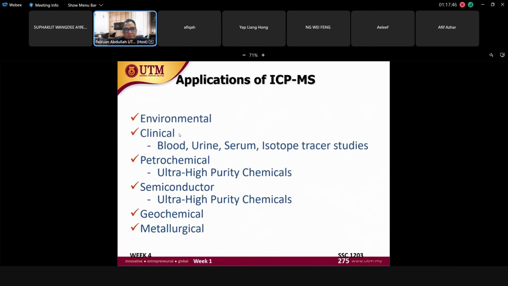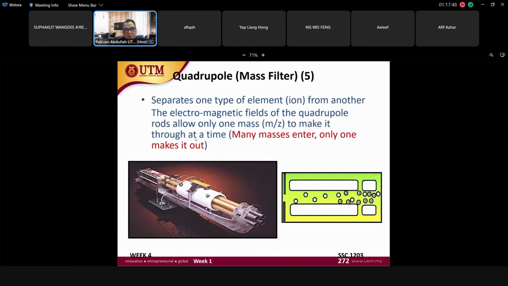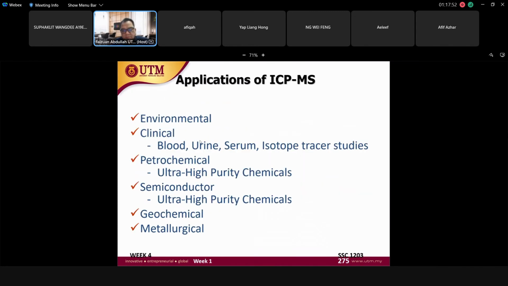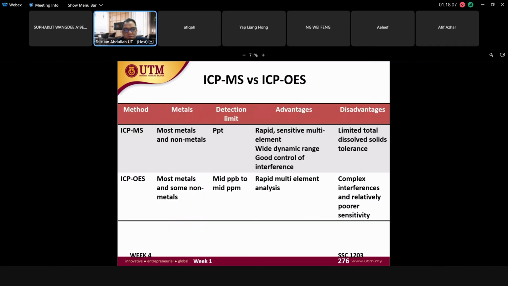All right. So for application, we have wide application of ICP-MS. The cost of analysis of ICP-MS is greater, more expensive than ICP-OES because of the MS part, the mass spectrometer part, analyzing the mass to charge ratio of all the elements.